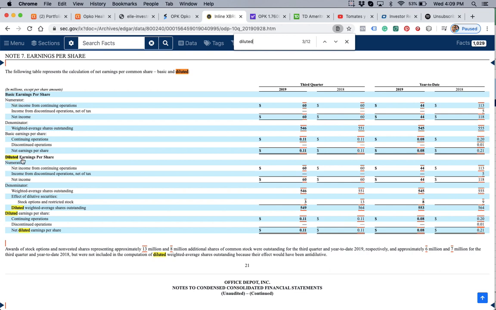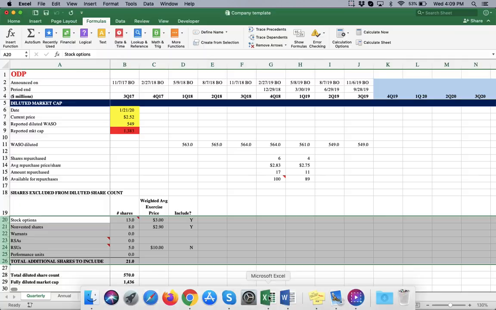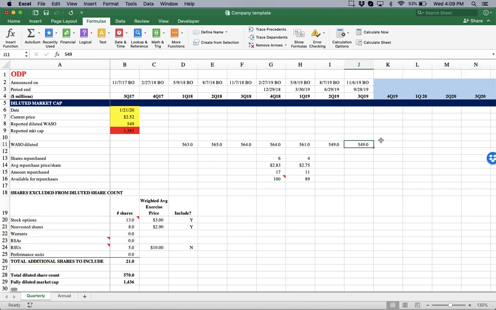We always use the diluted earnings per share because it includes some options, warrants, etc. that are going to lower the future earnings. So here we see the denominator that they used, diluted weighted average shares outstanding, was 549 million. So that's where this number here is coming from. That's the most recent diluted number that the company reports.